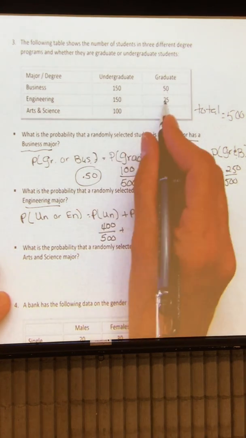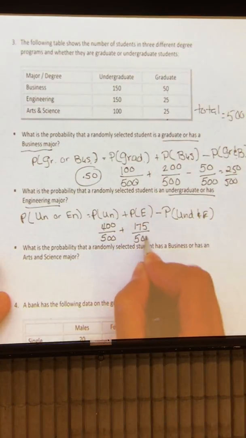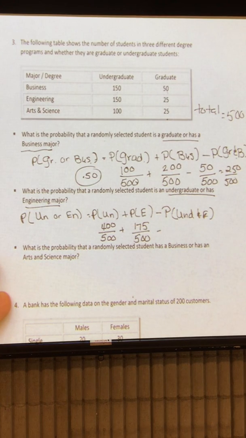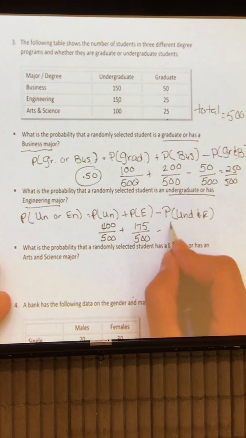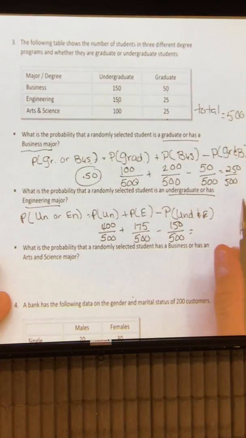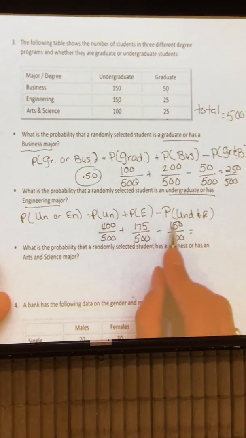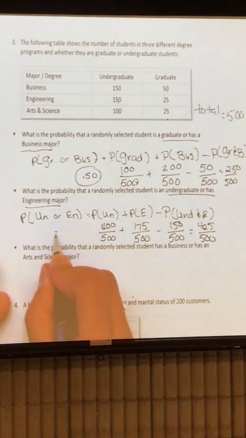Engineering, you have 150 plus 25, which is 175 over 500, minus both undergraduate and engineering, which is 150 over 500. Combining the numerator, that is equal to 425 over 500, which is equal to 0.85.